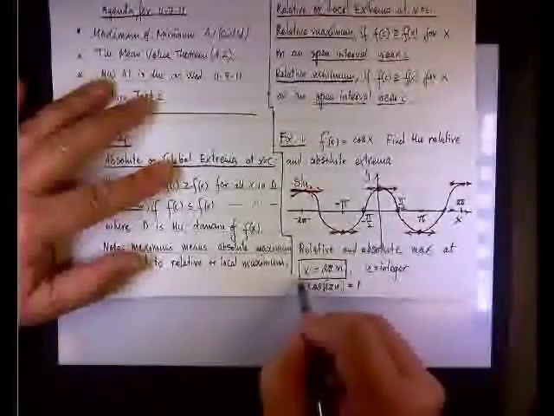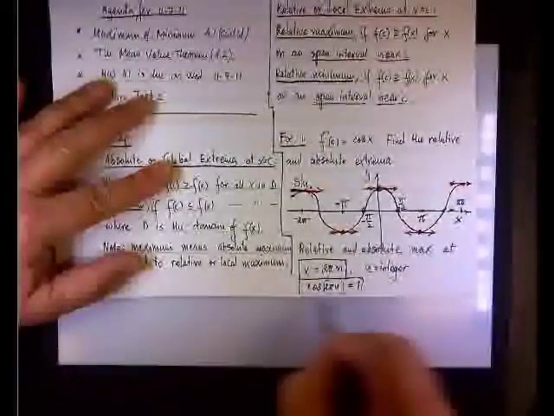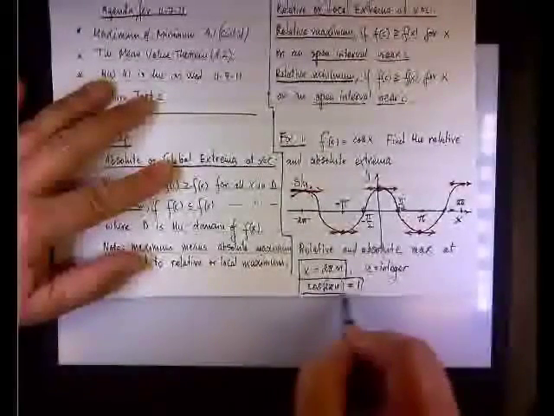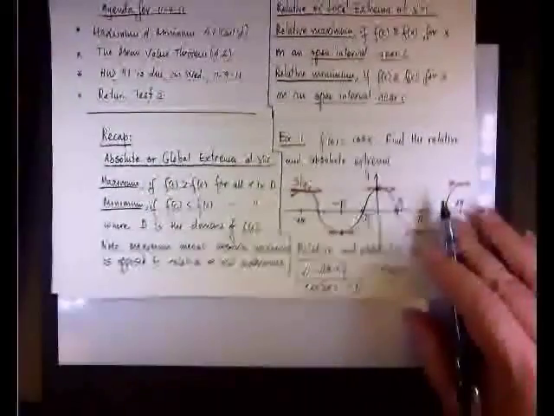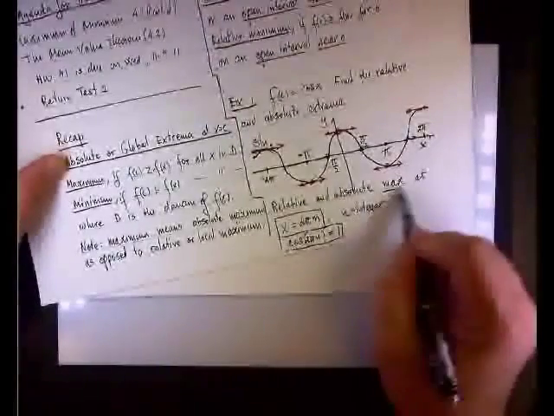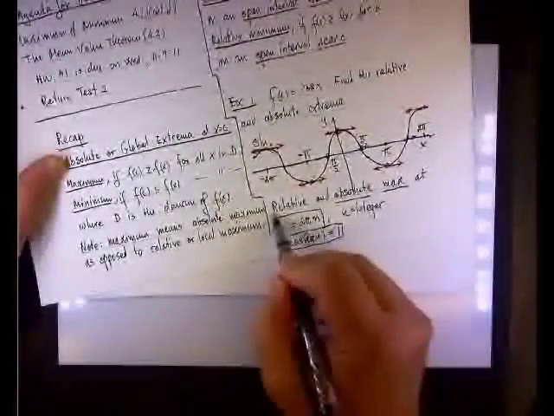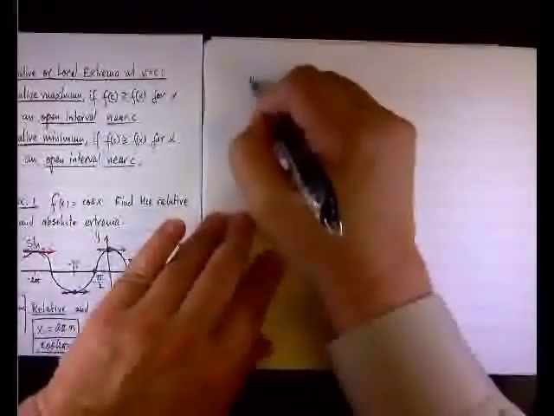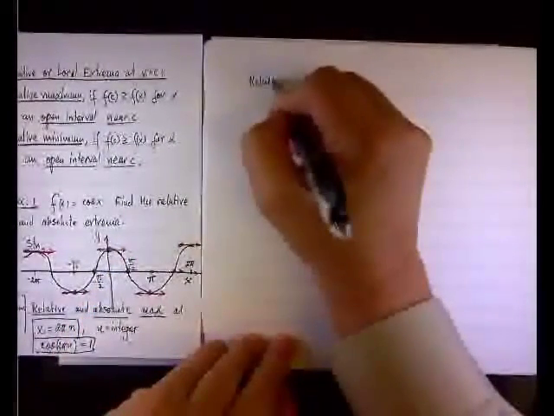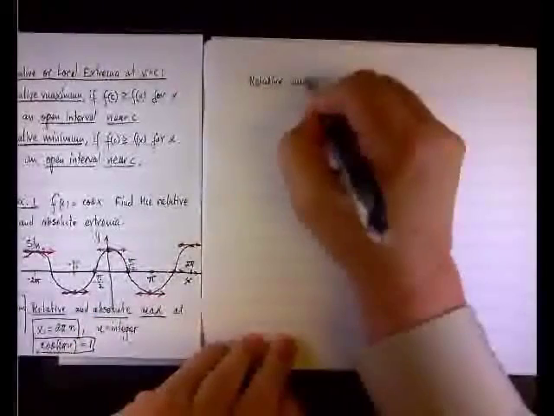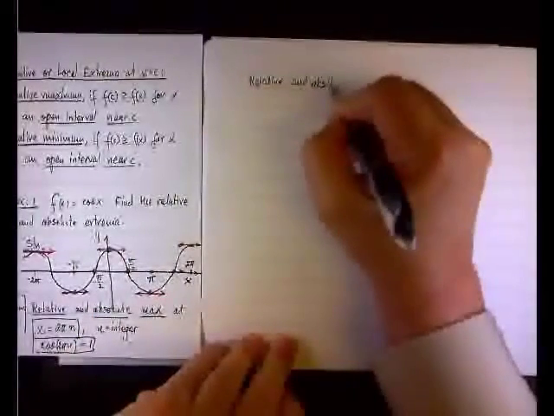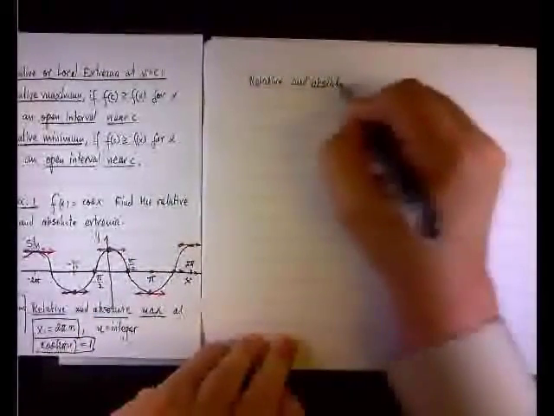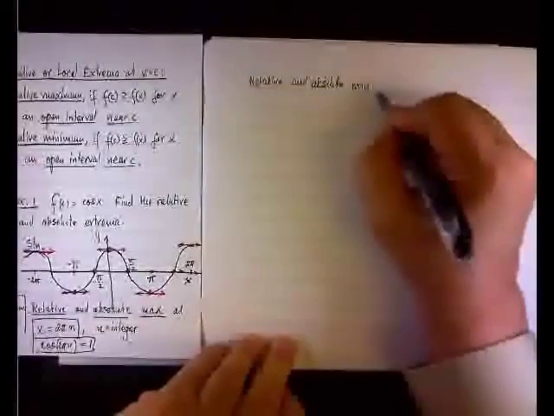We need to go to the next page to complete this exercise. What about the minimum? Okay, this was maximum. Going to say that we have relative and absolute minimum at.